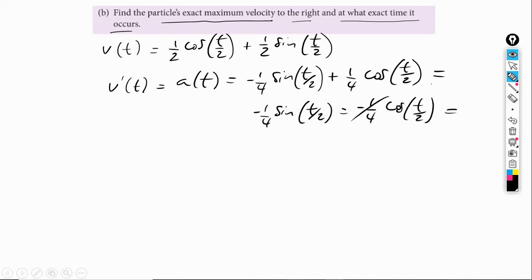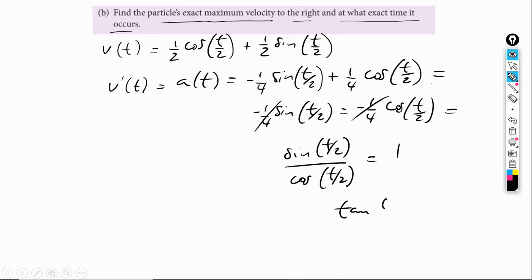Then we can cancel these out, and we're going to say that sine of t halves over cosine of t halves is equal to 1. So we need a solution where tangent of t halves is equal to 1.